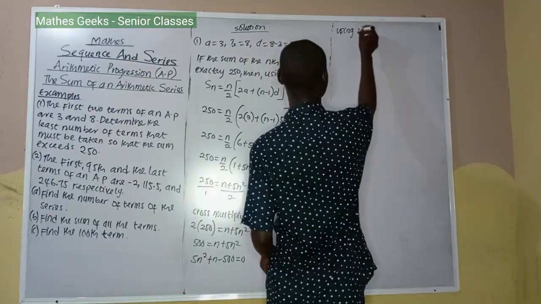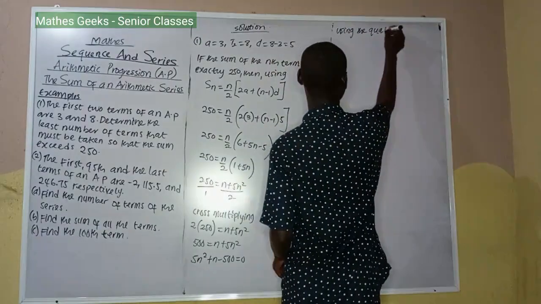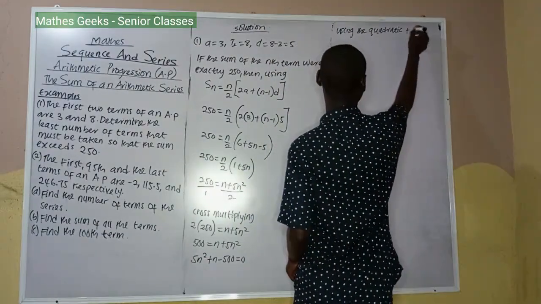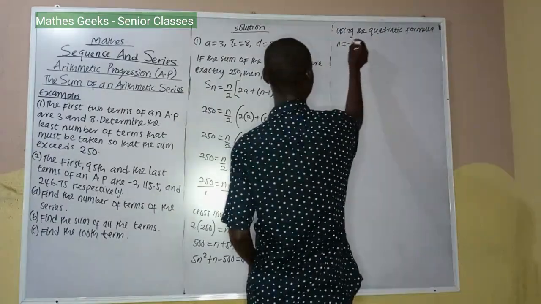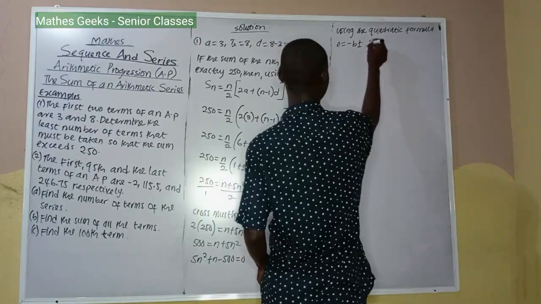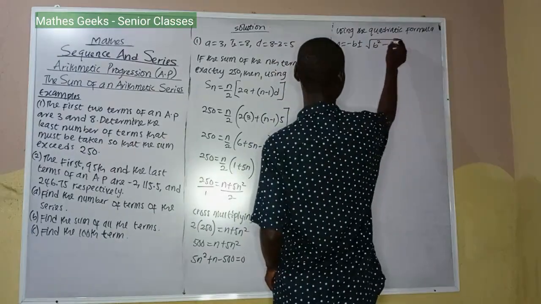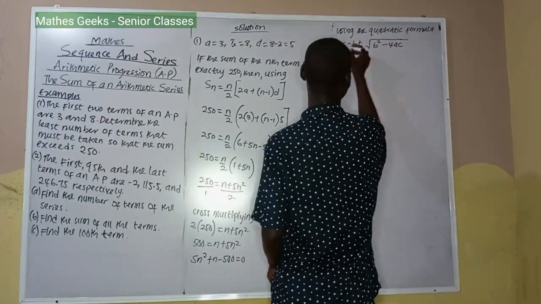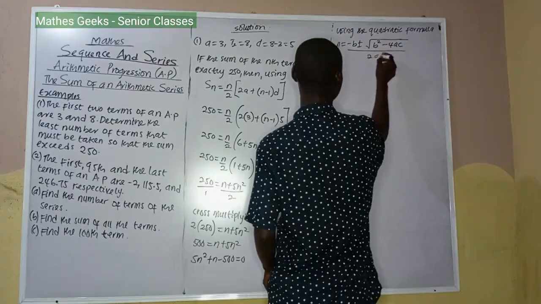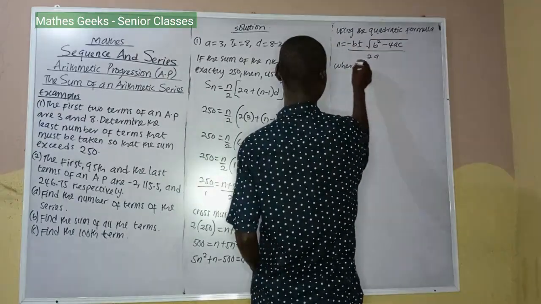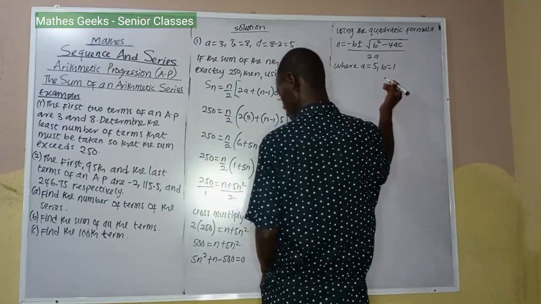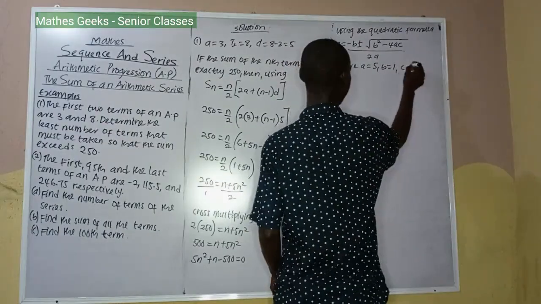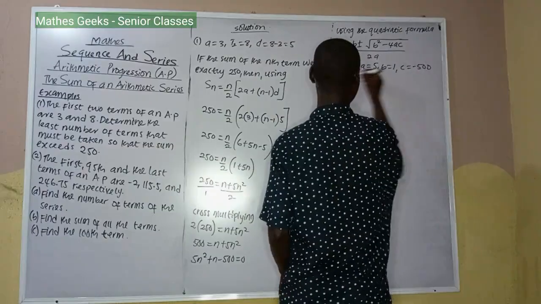Using the quadratic formula, n is equal to minus b plus or minus the square root of b squared minus 4ac, over 2a, where a is equal to 5, b is equal to 1, and c is equal to minus 500.